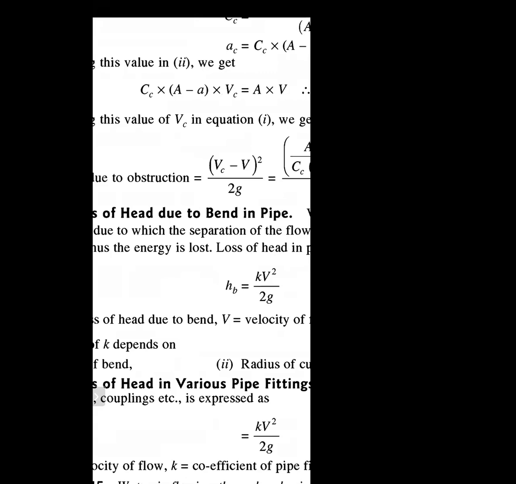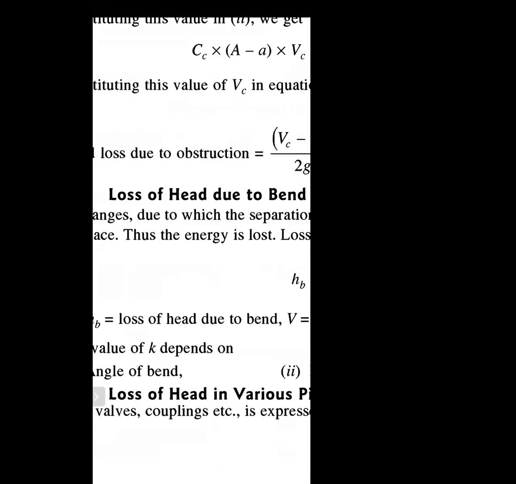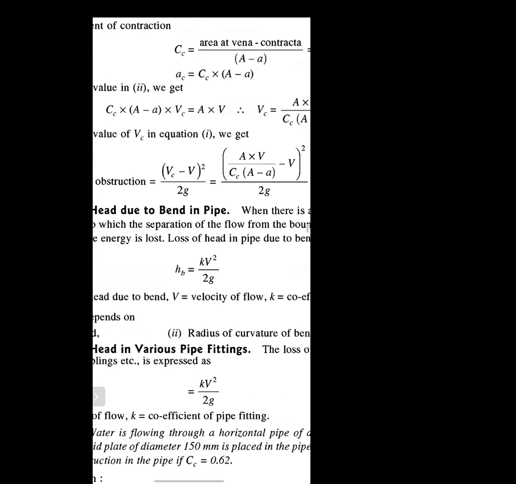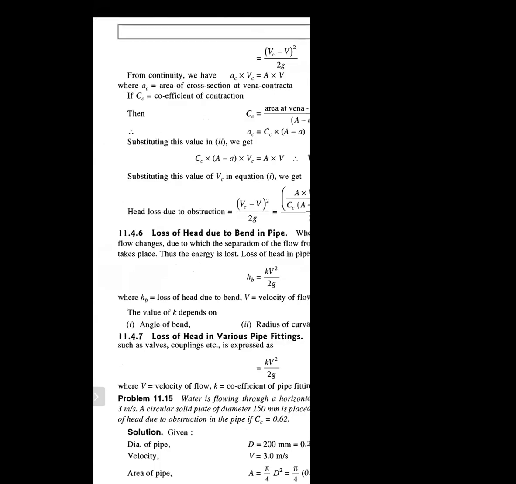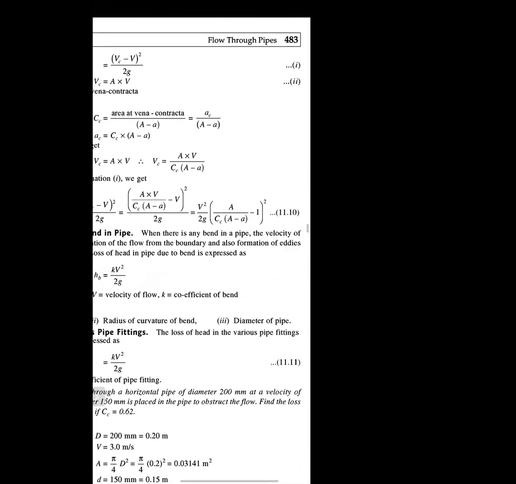Okay, and HB is loss of head due to bending. HB is equal to kV square upon 2G, where HB is loss of head due to bend, V is the velocity of flow, K is coefficient of bending, and that value of K depends upon angle of bend and radius of curvature of bending, as well as diameter of pipe.